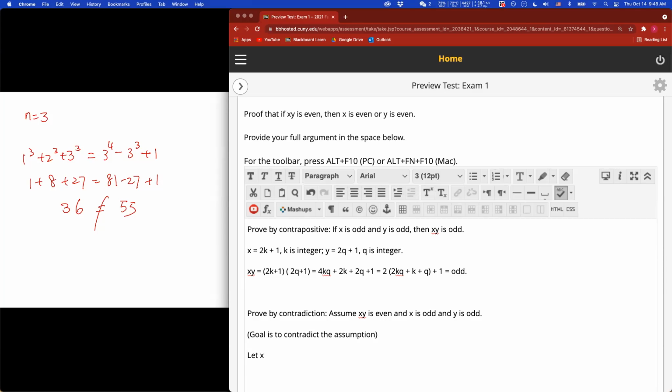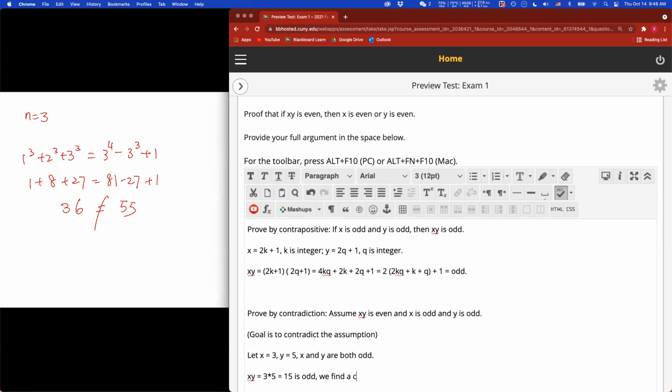Let x equal 3, y equal, let's say, 5. So x and y are both odd. But if you look at x times y equals 3 times 5, that will give you 15, which is odd.